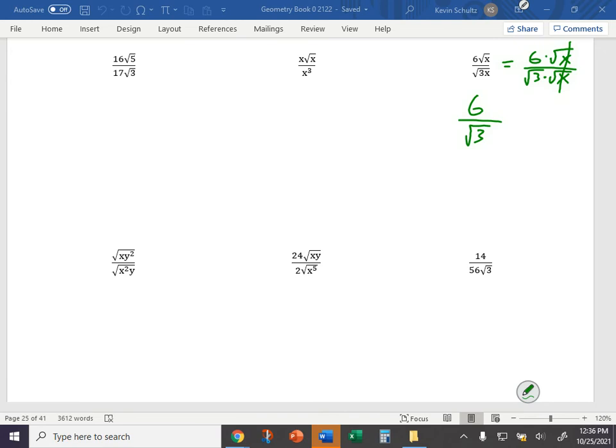Do we have a root in the denominator? Yes, we do. Can we simplify our coefficients? Yes, we can. Let's start there. How can we simplify these coefficients?